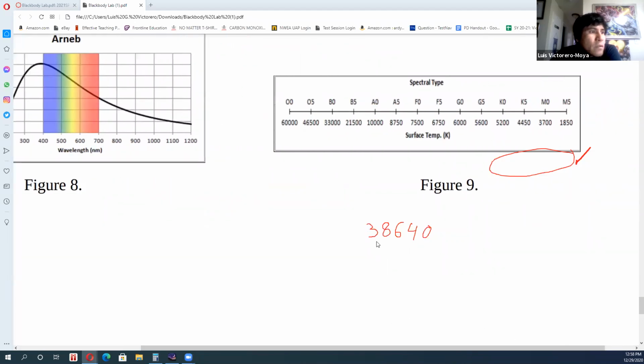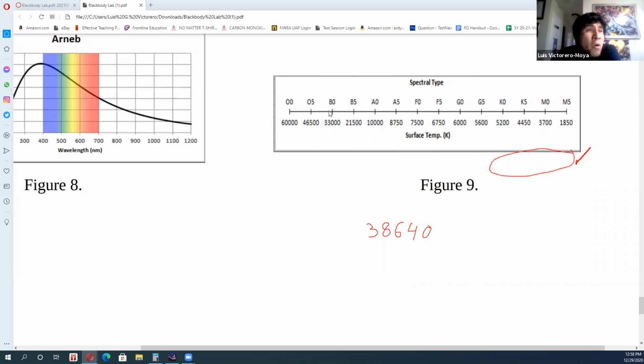So we have this temperature. You see you have 33,000 for B0. The maximum temperature for each spectral type, O, B, A, F, G, is going to be on 0, and the lowest one will be on 9. For example, O0 will be 60,000 and O9 will be approximately 34,000.